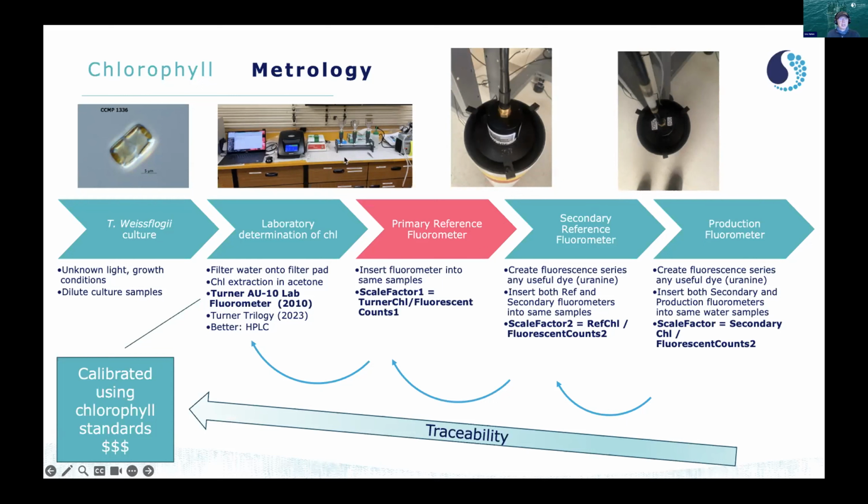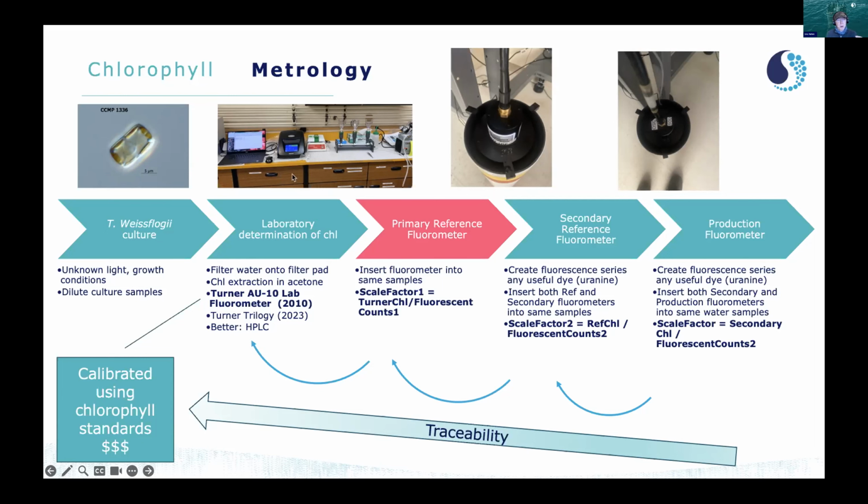That acetone essentially leaches the pigment out overnight. They're sonicated, centrifuged, and then we take a look at that, essentially just like that green fluid you saw in the cup in the early part, but we use a standardized laboratory fluorometer and independently assess that. And so we know essentially what the chlorophyll concentration is of various dilutions of this culture.